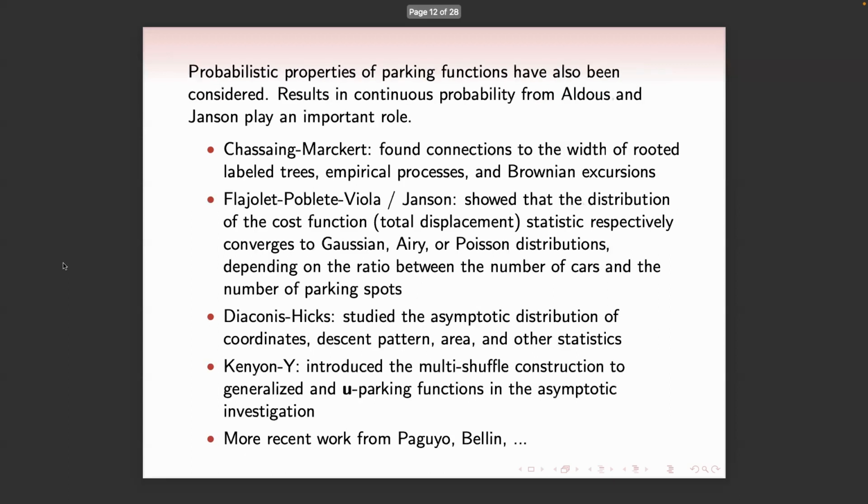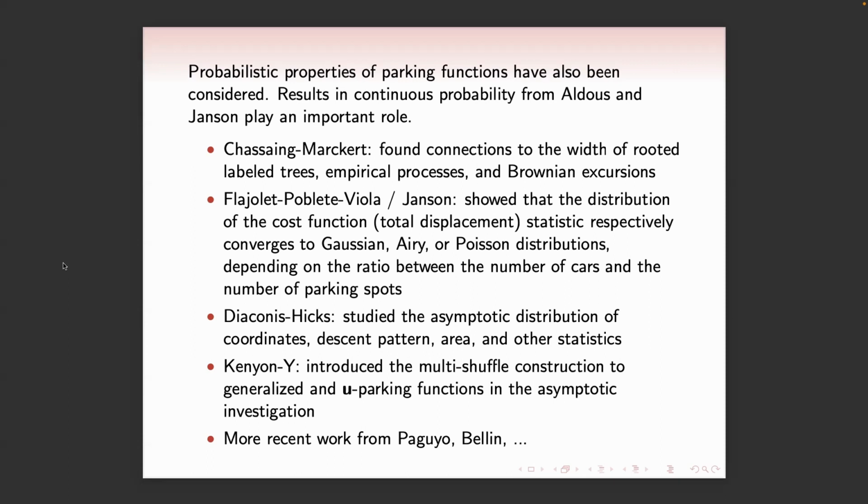And then from the probability and statistics perspective, people have also considered uniformly sampled parking functions and what the typical behavior is. And then the probability work from earlier, without the continuous probability, from Alex and from Lincoln, they have been very involved.